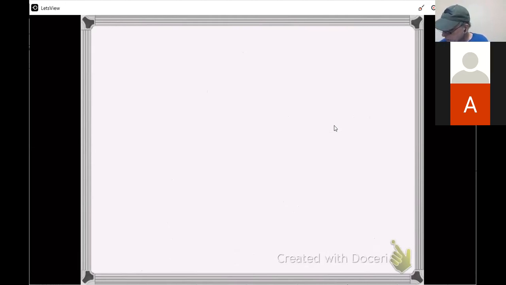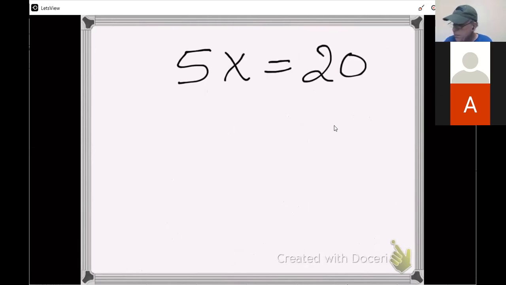If I had something like 5x is equal to 20, that means 5 times x is equal to 20, right? How would you solve that equation, Santiago? I'll divide by 5 on both sides of the equation. What happens on the left side? The 20 would turn into a 4, and it'll be x equals 4.